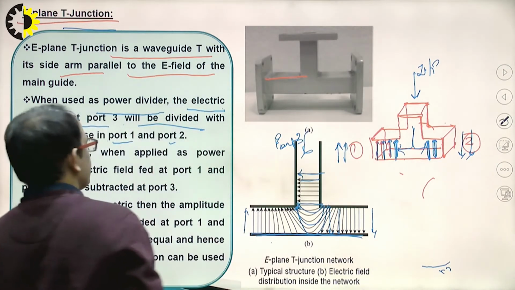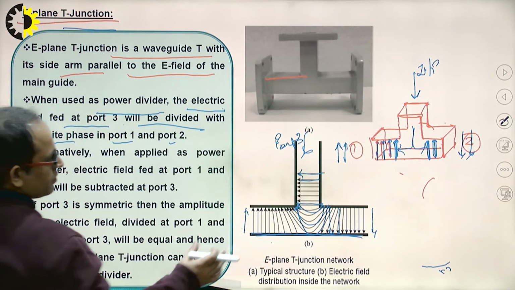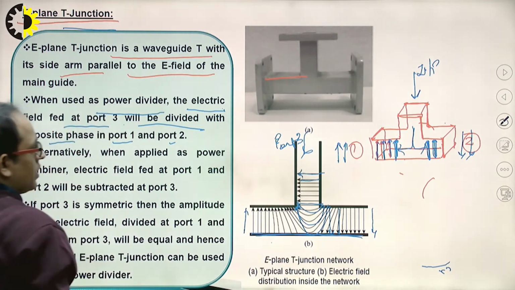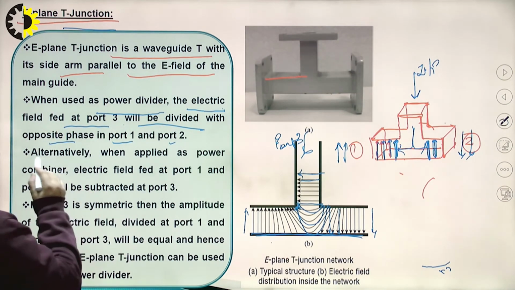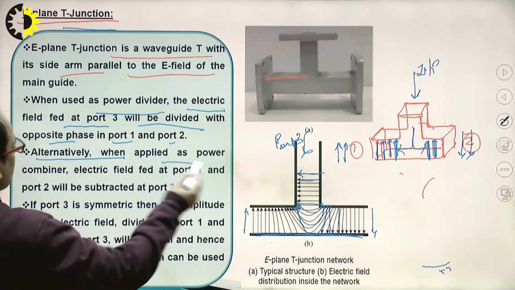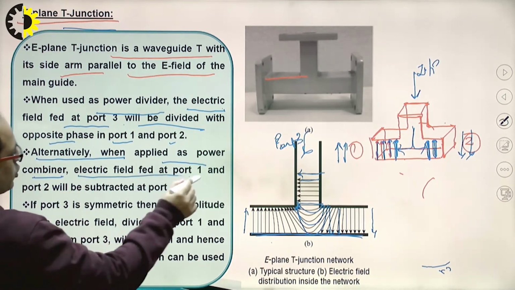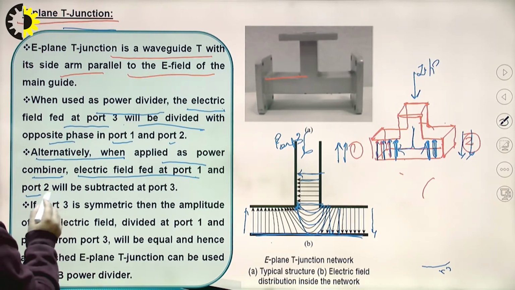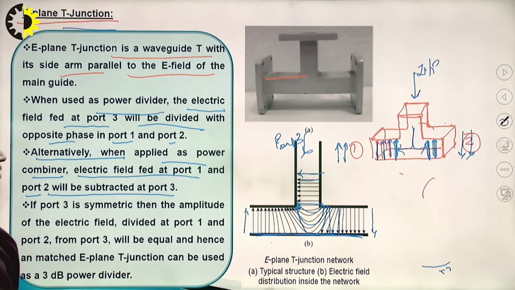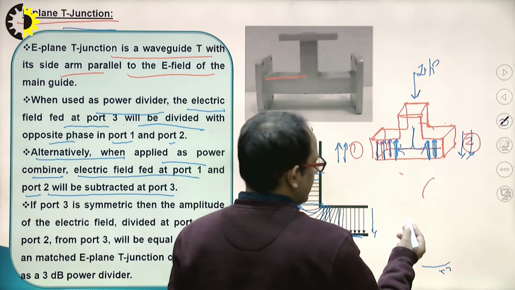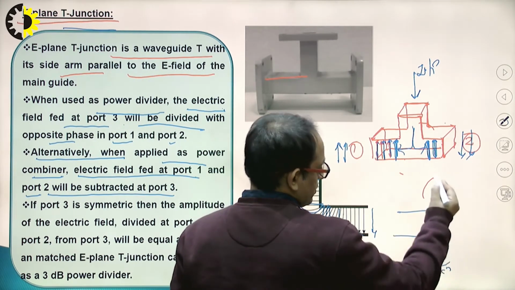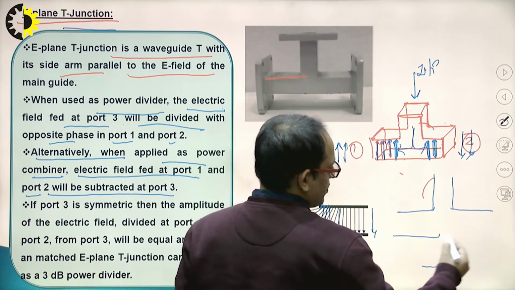So now see, this can act as a power divider. Clear? Alternatively, when applied as a power combiner, the electric fields at port number 1 and port number 2 will be subtracted at port number 3. It means the E plane T can also act as a what? Subtractor.